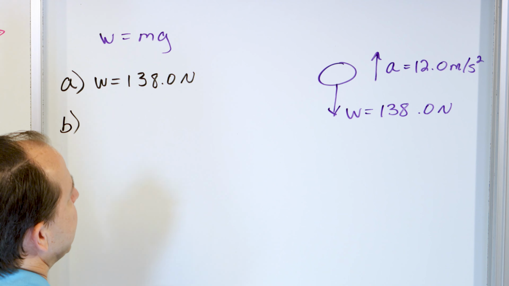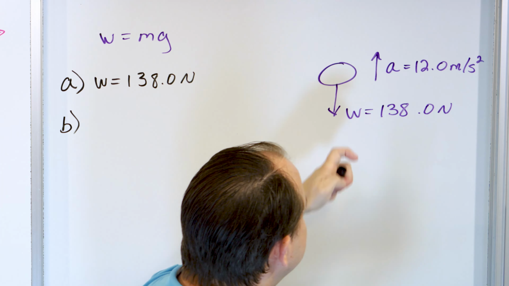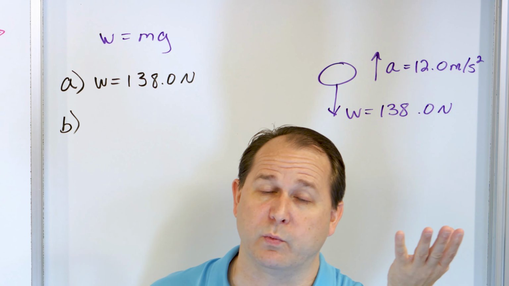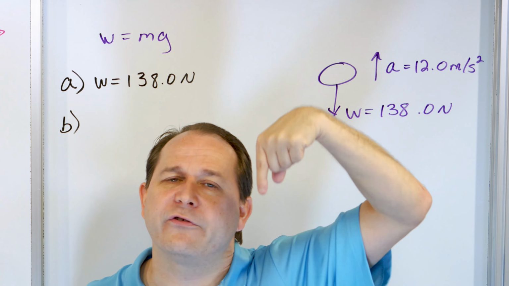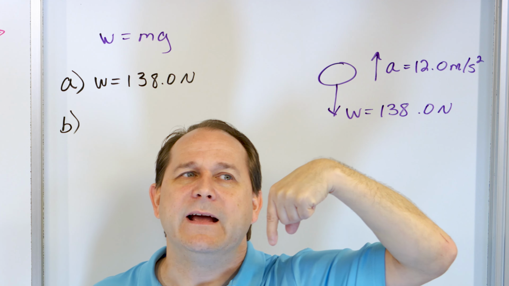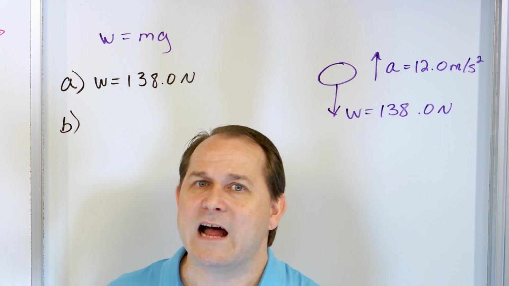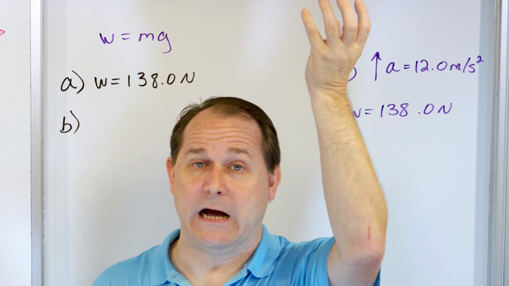And that is a little bit of a trick question because you think, well, let me figure out what's happening with the motion. All we know is that if this object really is traveling upward with an acceleration of 12 meters per second squared, we know there is a force pulling this rock down, the force of gravity, the weight of the object. But if there was nothing else happening, the rock would go down, of course. But it's not going down. The rock is actually traveling up, and not only that, it's accelerating up.